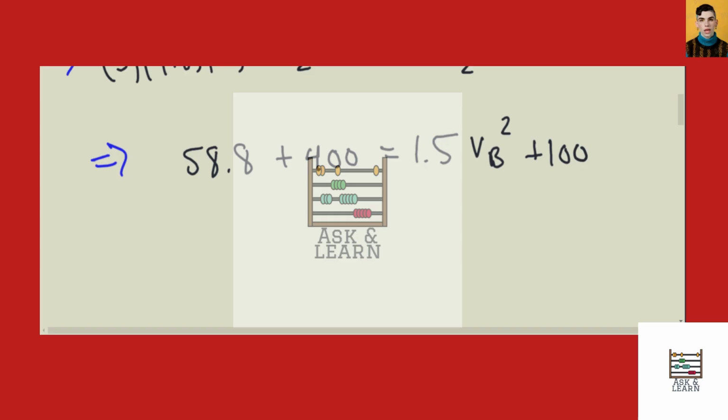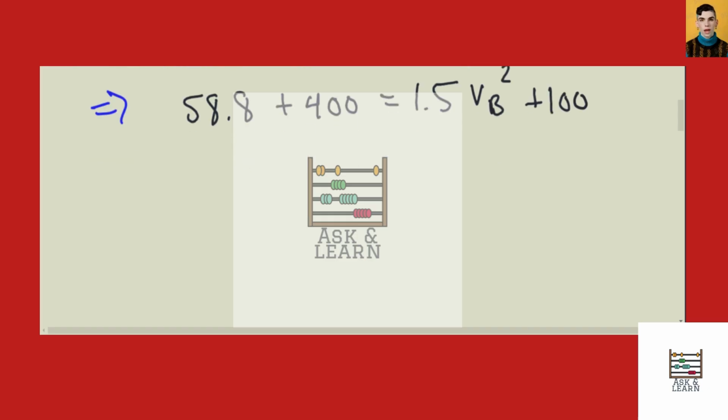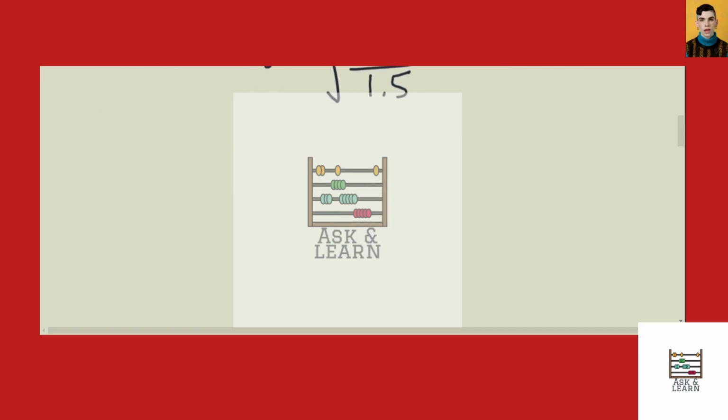So add up this stuff on the left and then subtract 100, and then we get VB equals 358.8 divided by that 1.5, and then take the square root to get rid of the square. So VB, the velocity the collar reaches at the bottom, is 15.5 meters per second.